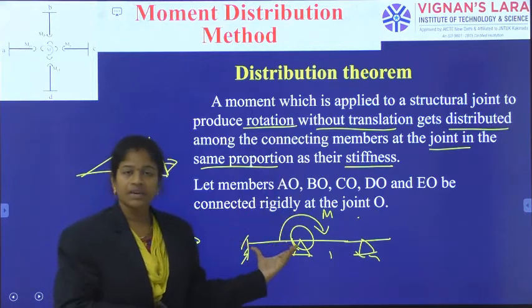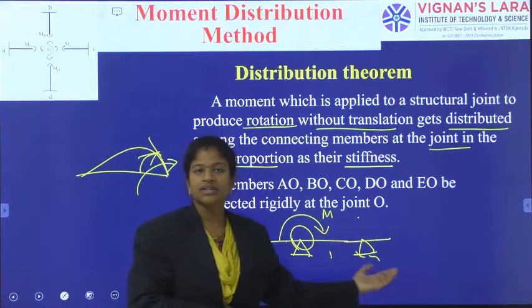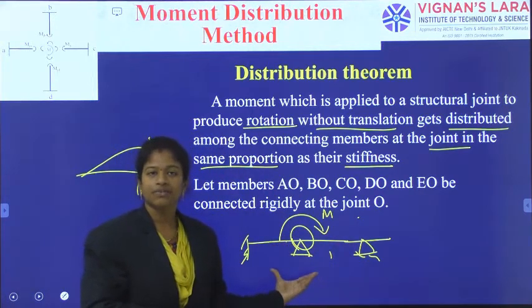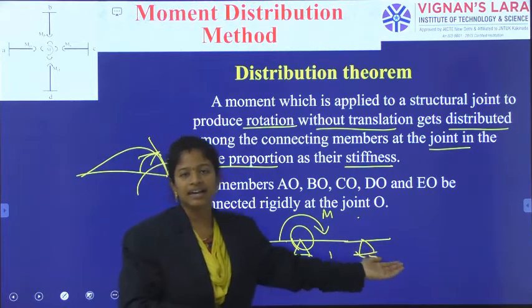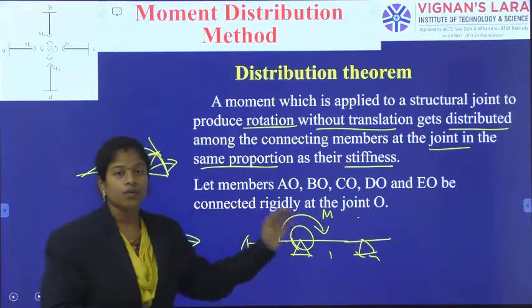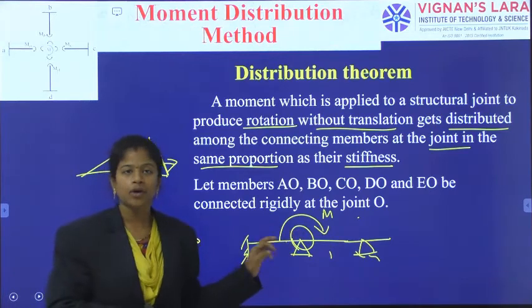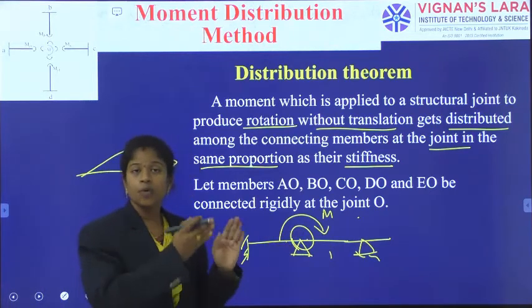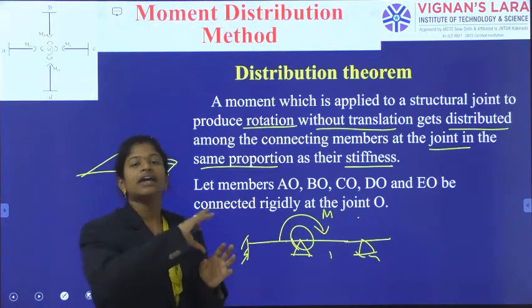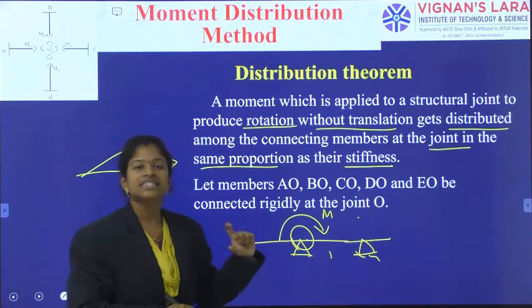If the first member is less stiff than the right one, the less stiff member will take less moment than the right one. Why does all this happen? Because at a joint, the slope on the left side, the right side, or every segment will show the same rotation.